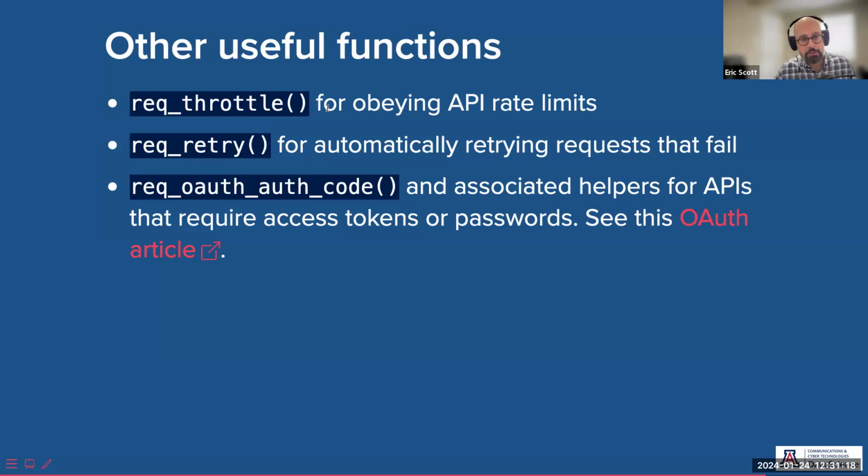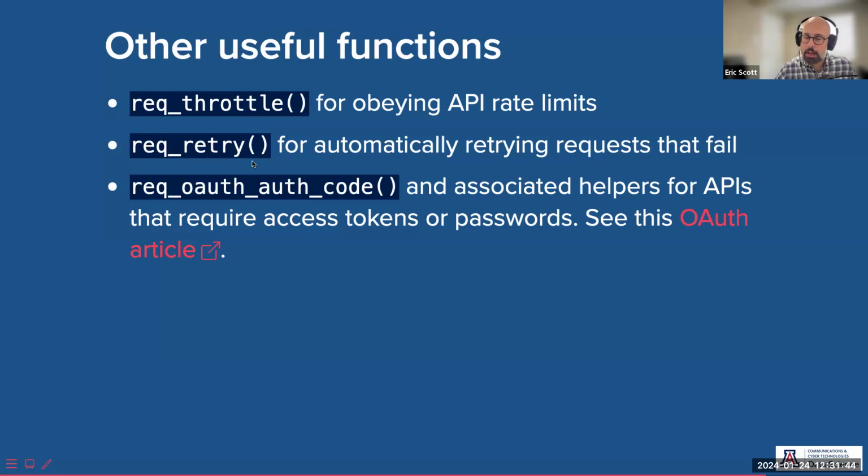Many APIs will have a rate limit and they won't tell you there is, and you'll just get an error. And so req_throttle is the function that you would use to modify your request to add a rate limit, so that when you're iterating and doing 100 requests, it will pause between them basically. So you can say only do 20 requests a minute or something like that. And it'll take care of that for you.